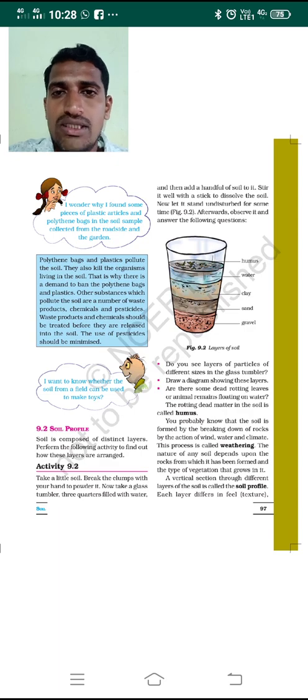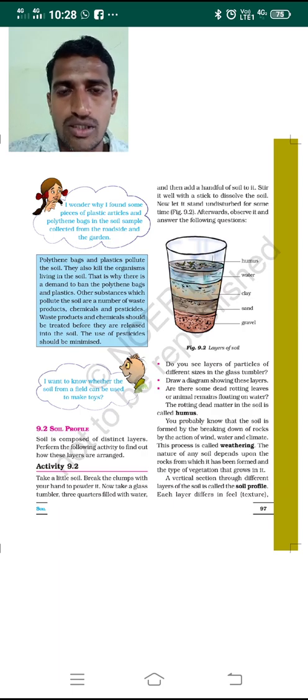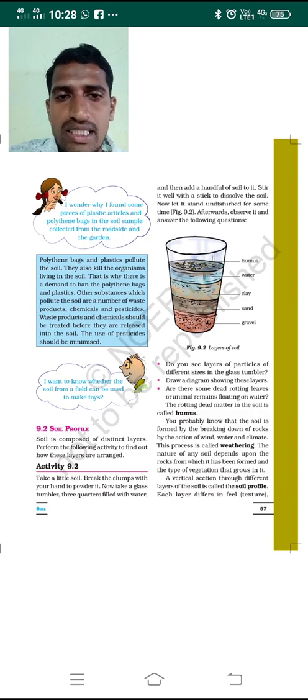So we studied the activity wherein we took a glass filled with 3/4 of water, and we added a handful of powdered soil into it. You have to shake it well, and after some time, when everything is mixed, you allow it to stand undisturbed.